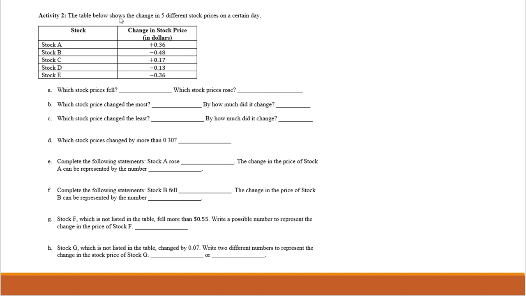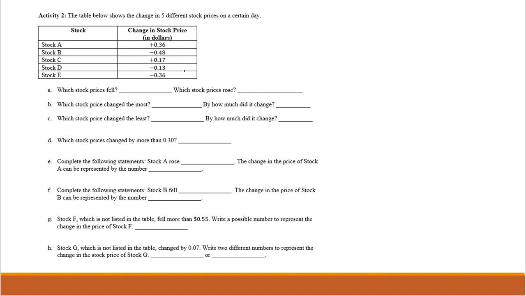The table below shows the change in 5 different stock prices on a certain day. So we can see that stock A changed by 36 hundredths. Stock B was at a loss of 48 hundredths. Stock C was at a gain of 17 hundredths.